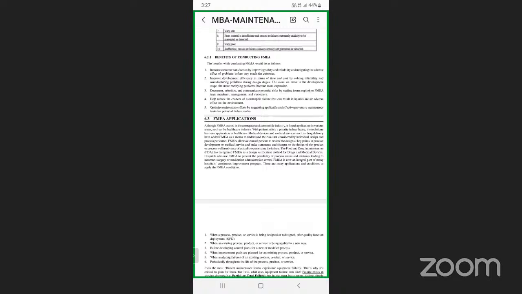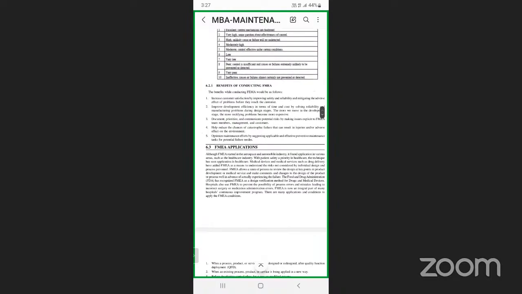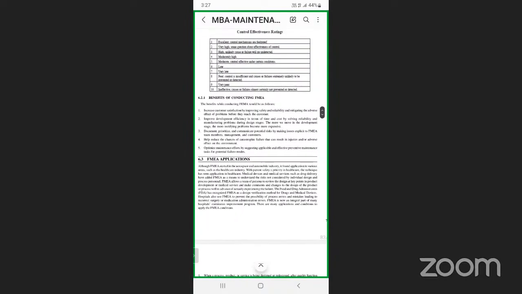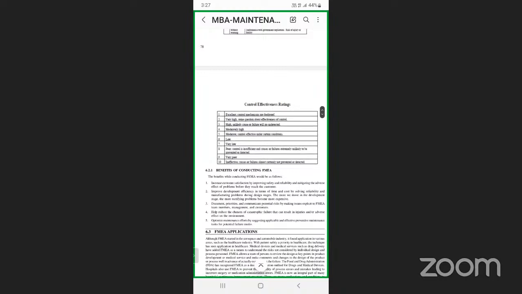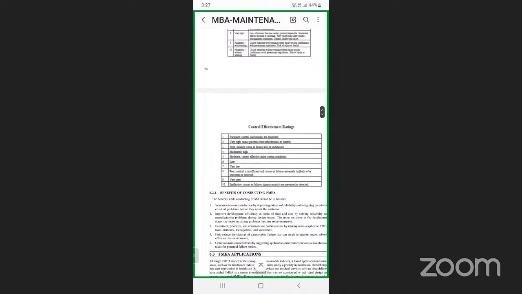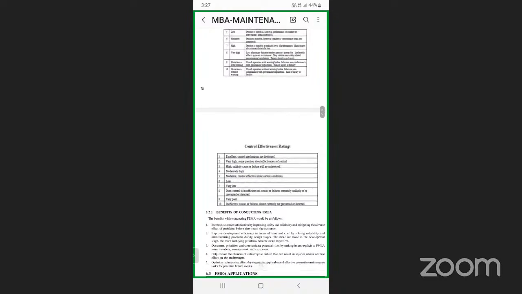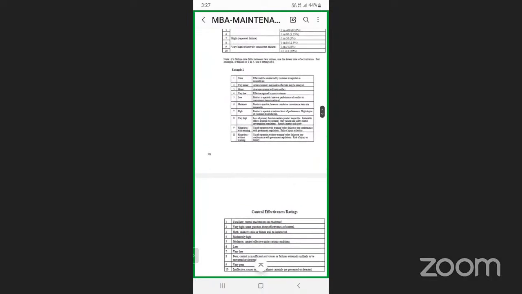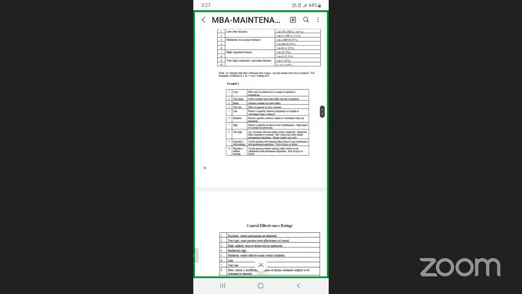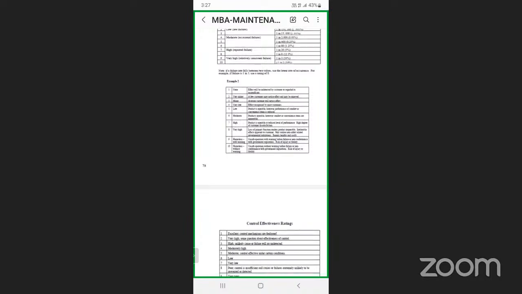Okay, so these are the benefits of conducting FMEA. It can increase customer satisfaction by improving safety and reliability and mitigating the adverse effects of problems. You can go through this. Again, human diligence has to be used along with the control mechanism in place. Suppose some person is not diligently using the methods, then anything can go wrong.